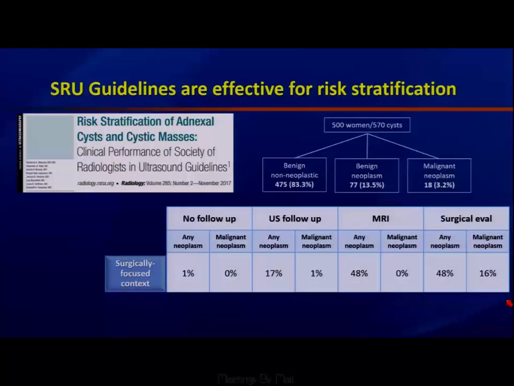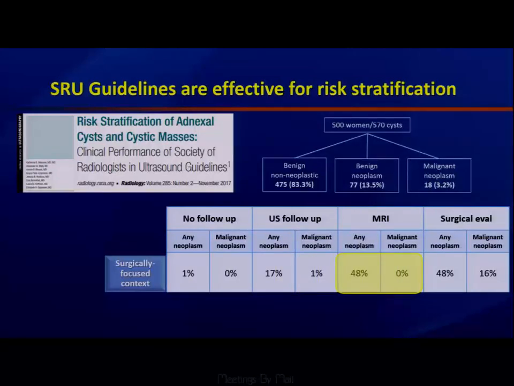So just briefly, I just have a couple minutes left here. This is a busy slide, but just to show you, if you have MRI versus surgical evaluation and you take the surgical evaluation approach, we do great. Very rarely are neoplastic lesions sent for no follow-up or called benign, so we're really good at that. Some benign neoplasms are seen in follow-up on ultrasound.